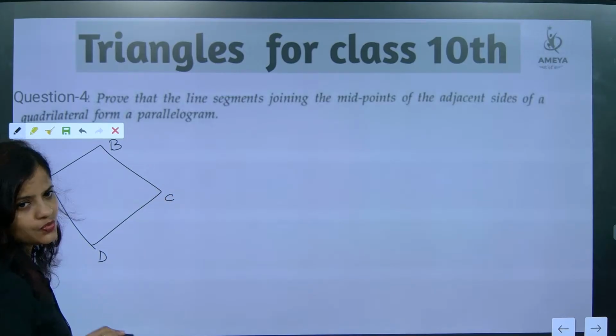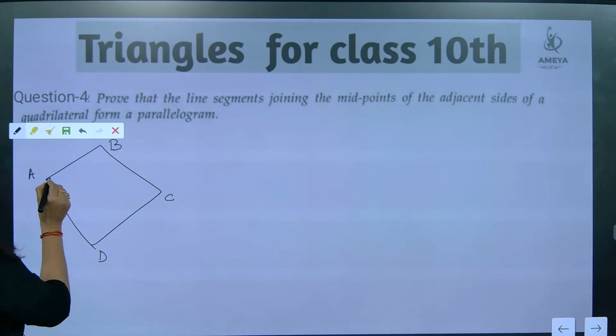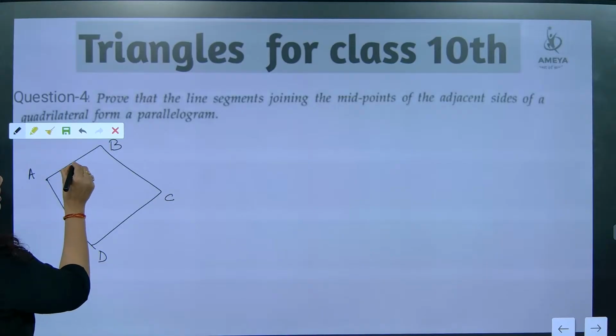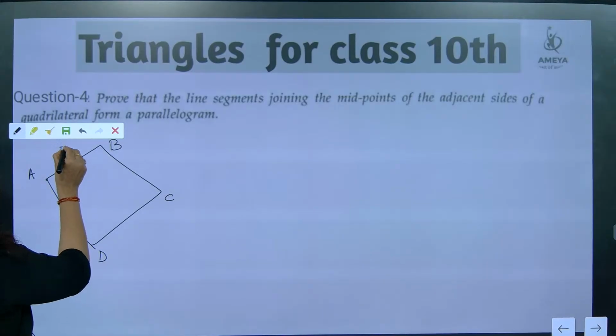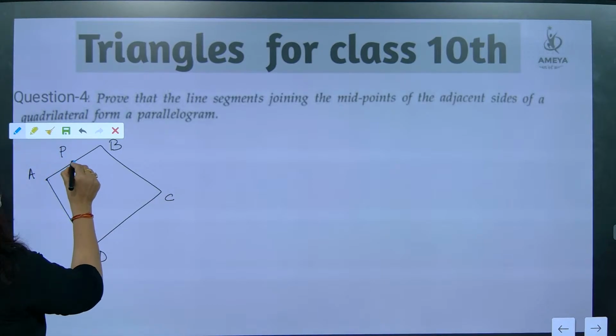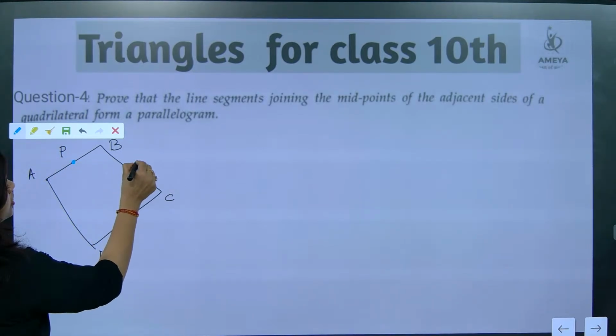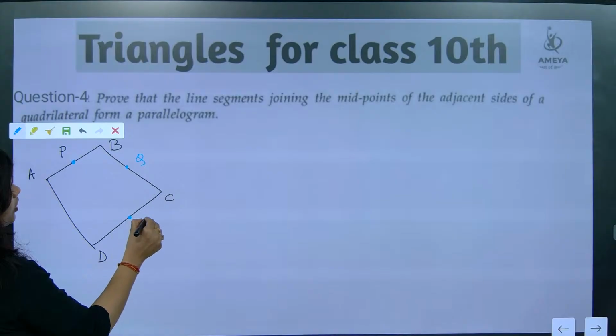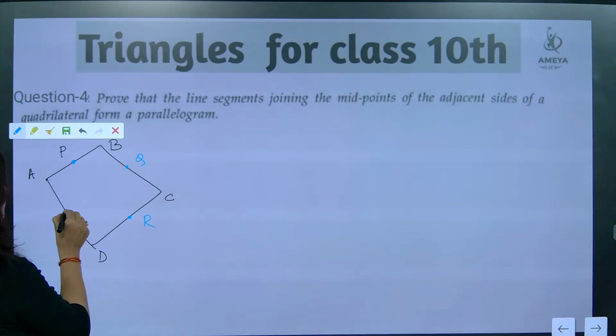Done. So once we have done this one, first what is the midpoint of AB? We will take midpoint of AB as P. Now what we will take as midpoint of this one? Q. And then we will take midpoint as R, and this point midpoint as S. Now we need to join this.